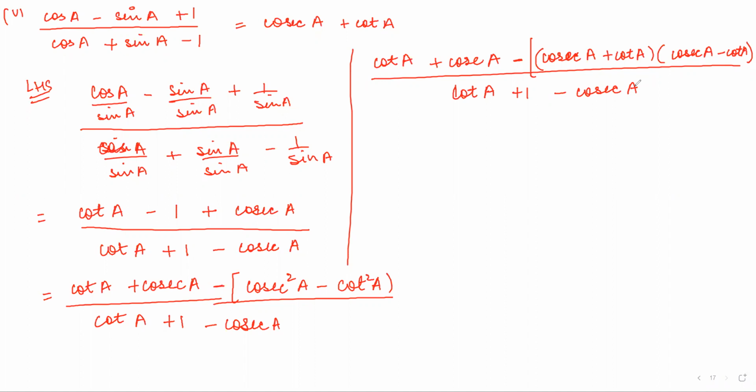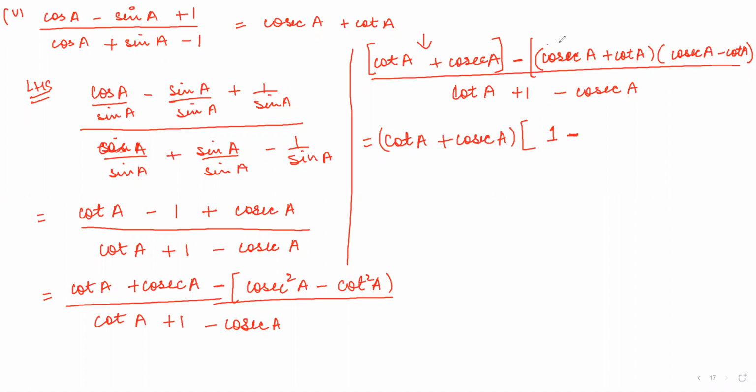Now I can do one thing. This is one term and this is the second term. Both terms have cosec A plus cot A, so I can take cosec A plus cot A common from here. So from the first term, I'll be left with 1, and then minus.